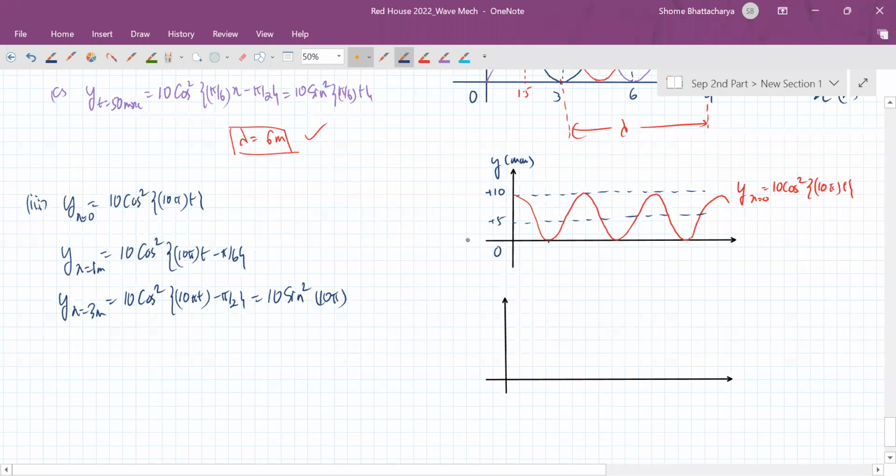So this term must be pi by 2. So this must be 1/20th of a second. Okay. And then this is 1/10th of a second. And then this is 3/20th of a second. 1/5th of a second.